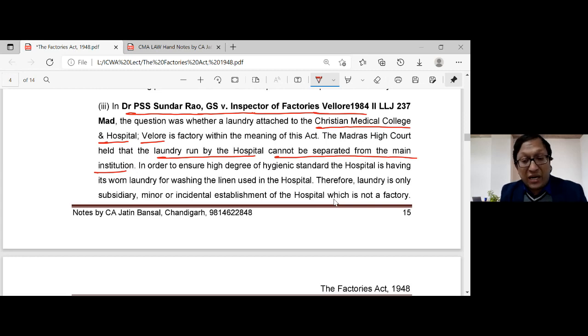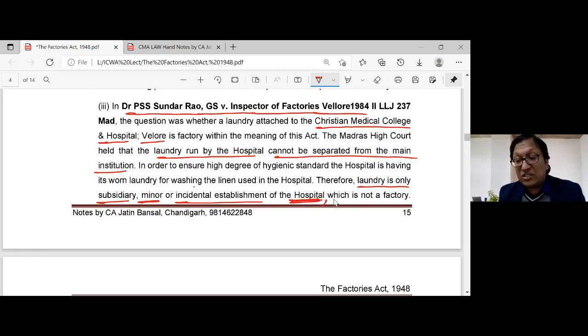It's a very part of this hospital. In order to ensure a high degree of hygienic standard, the hospital has its own laundry for washing the linen used in the hospital. Therefore, laundry is only a subsidiary unit. You can say it's a minor unit. It's an incidental establishment of the hospital, which is the main unit.